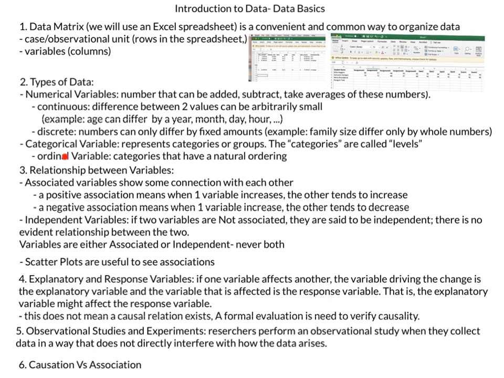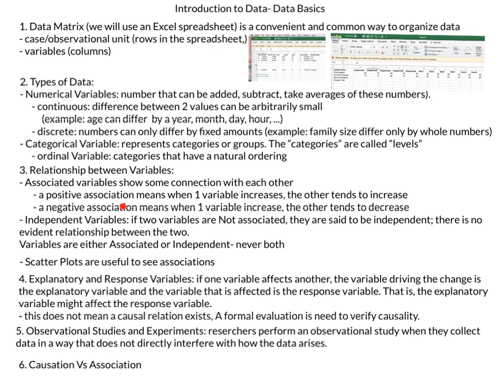Next, we will talk about relationship between variables. We can have associated variables or independent variables. Associated variables show some connection with one another, and among the associated variables, there can be a positive association or a negative association. A positive association means when one variable increases, the other also increases.